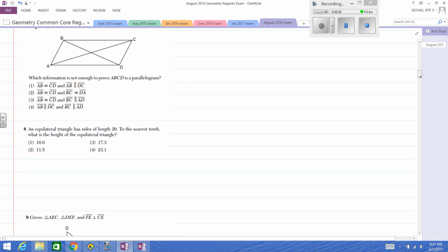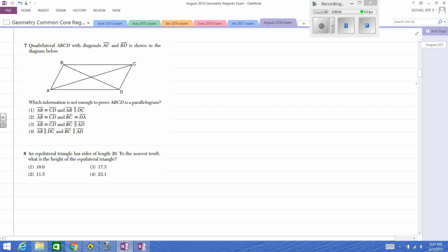Number 7. Quadrilateral. They didn't tell us it's a parallelogram. They're asking what's not enough to prove it's a parallelogram. This is one pair of opposite sides parallel and congruent. That is enough. All it takes is one pair of opposite sides parallel and congruent, and we can guarantee it's a parallelogram.